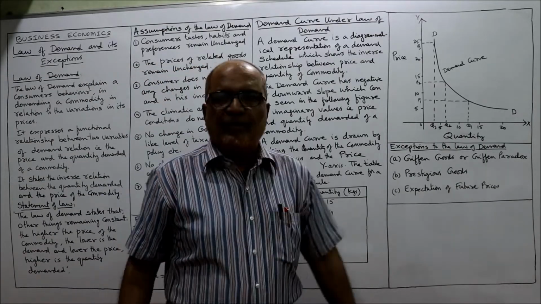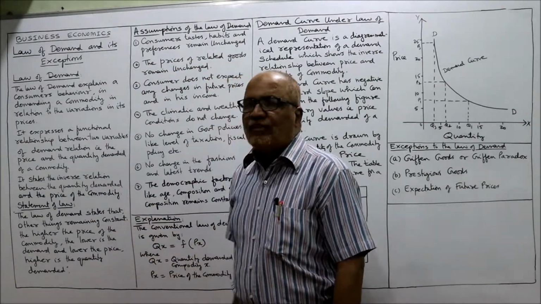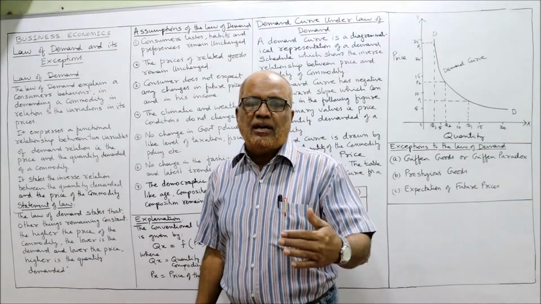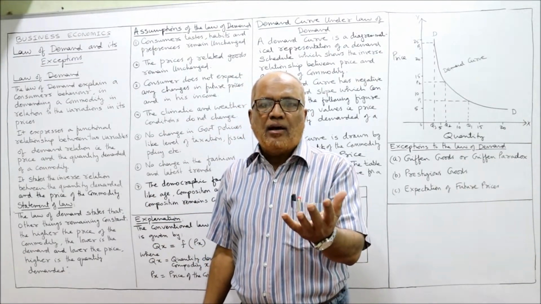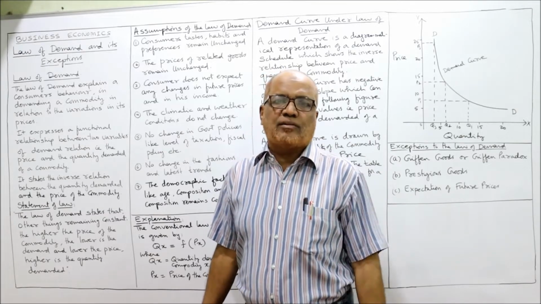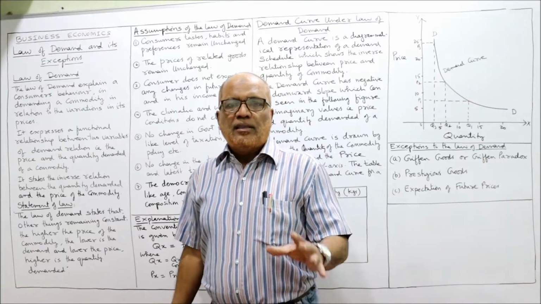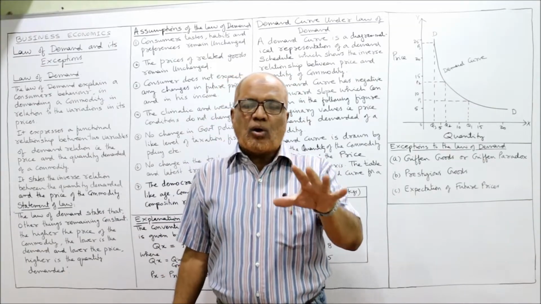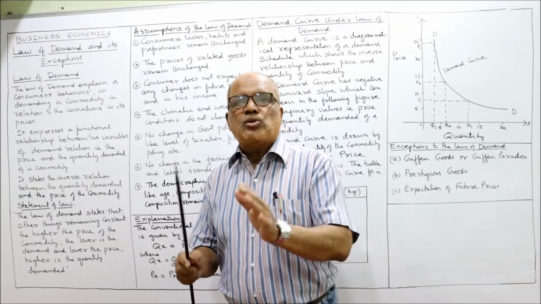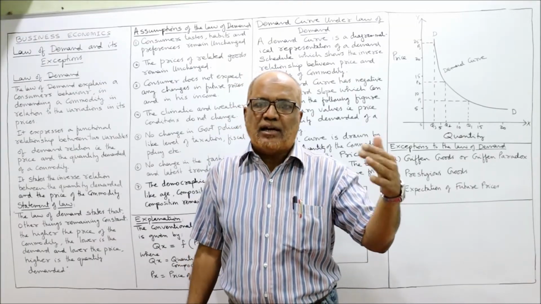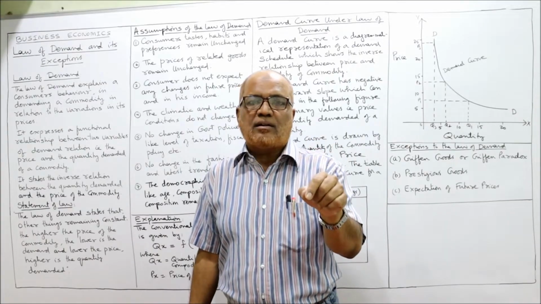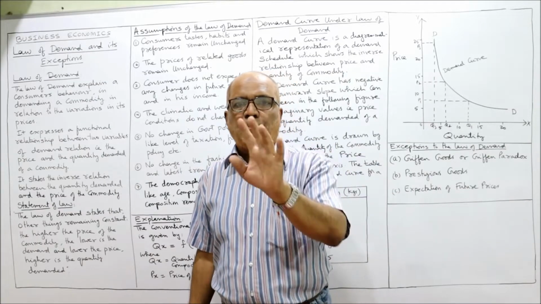Now first of all, the law of demand. The law of demand explains the consumer's behavior regarding the demand of a commodity depending on the variation in the price. Normally, the main determinant of demand is the price. Apart from price, many other determinants are there, but the first and foremost factor which affects demand is the price.